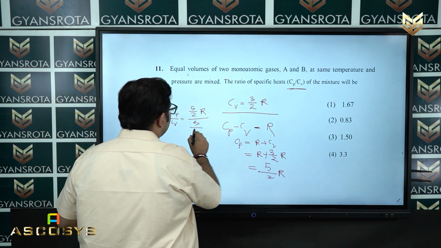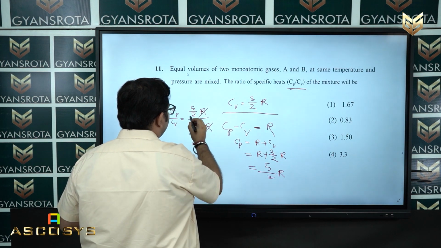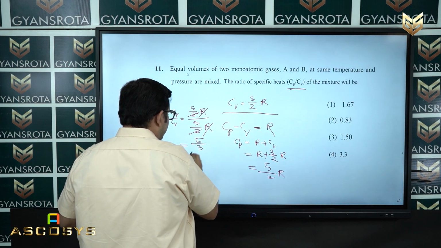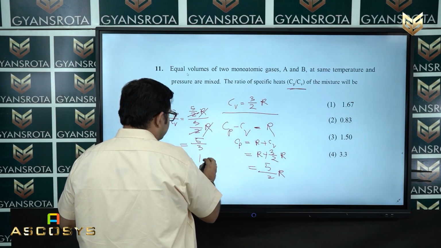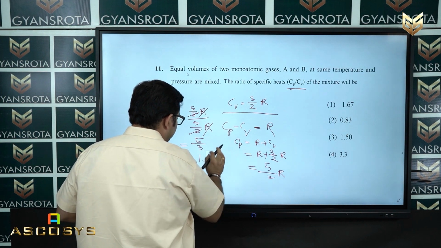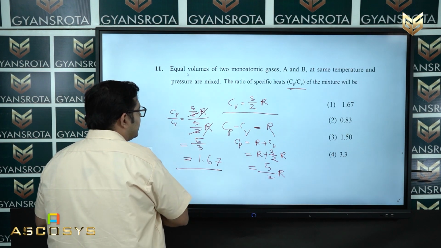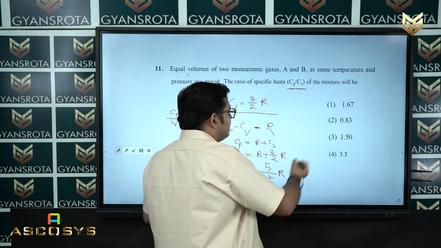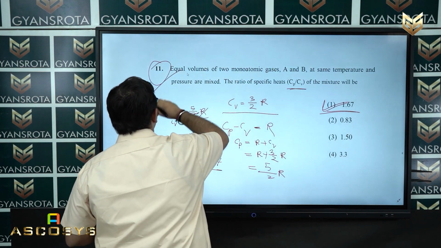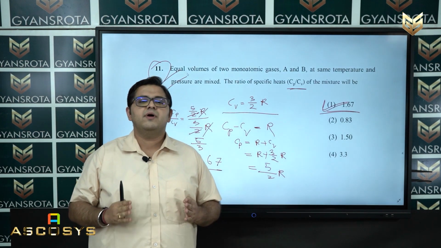That is 3 by 2 R. Now R and R get cancelled out, 2 and 2 are cancelled out, so we end up with 5 by 3, that will be 1.67. Okay. Now if you see in your options, the first option, that is 1.67, is the correct answer of your question number 11. So now we are moving to the next question.